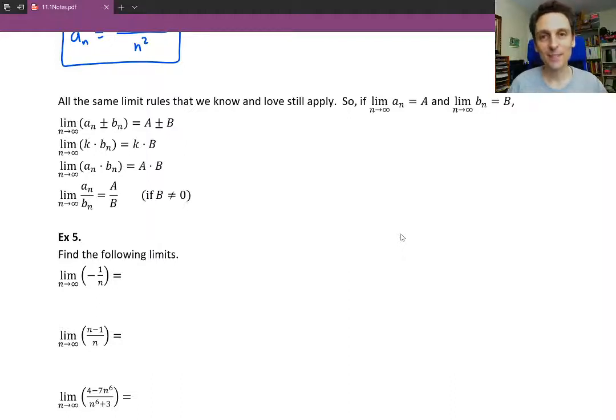Hello and welcome back. All of the limit rules that we know and love still apply to limits of sequences.